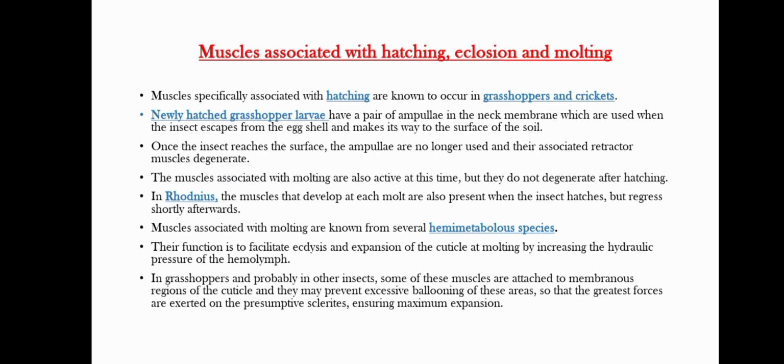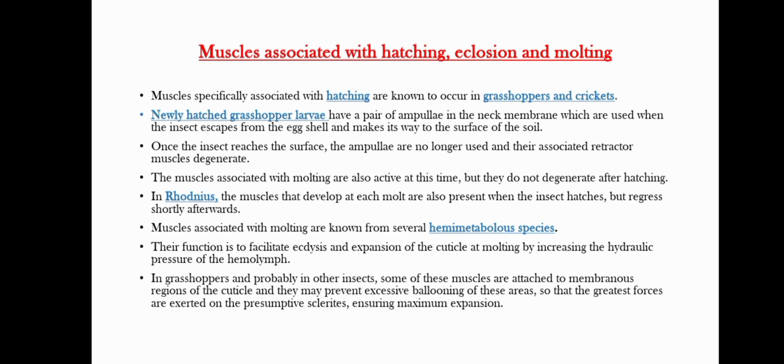Next, we are going to discuss the muscles associated with the hatching, eclosion and molting. The muscles associated with hatching are mainly found in grasshoppers and crickets. In newly hatched grasshopper larvae, there is a pair of ampullae in the neck membrane that are mainly used to escape from the eggshell.